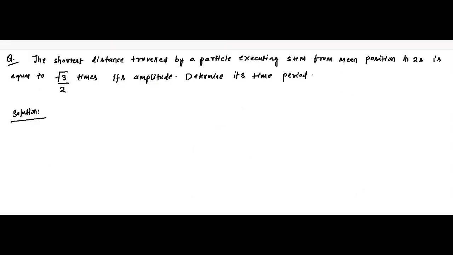So here is another question on simple harmonic motion. It is given that the shortest distance traveled by a particle executing SHM from mean position in 2 seconds is equal to root 3 by 2 times its amplitude. Determine its time period.